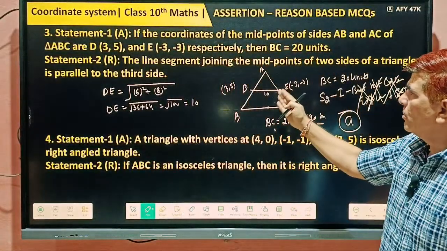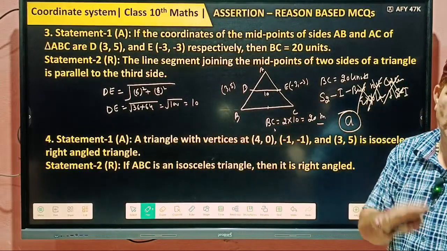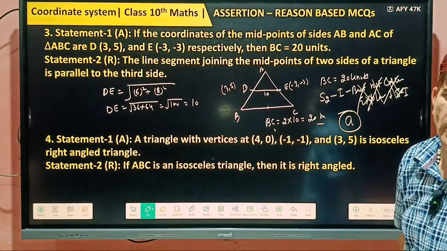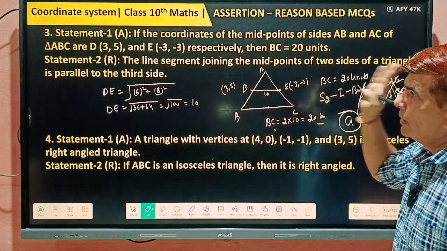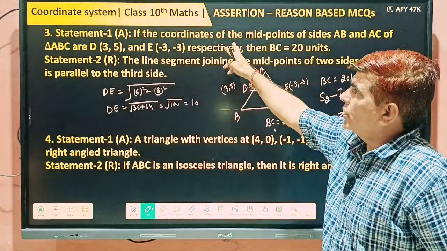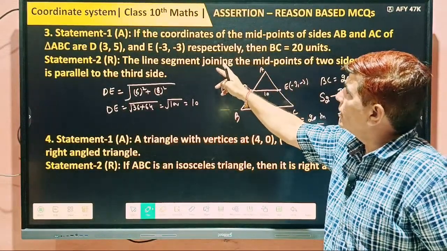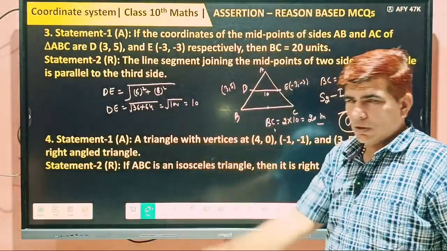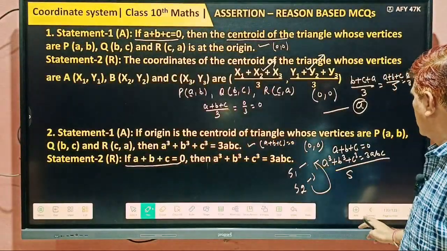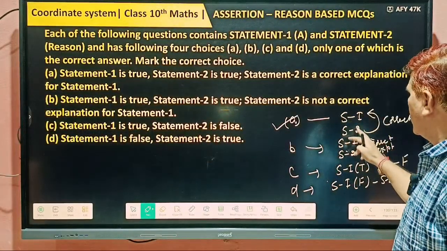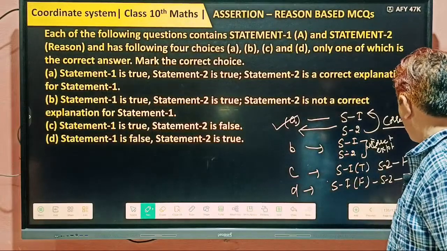Which theorem is this? The midpoint theorem: the line segment joining the midpoints of two sides of a triangle is parallel to the third side and half of it. So S1 is right, S2 is right, and it is the correct explanation, so our answer is A.